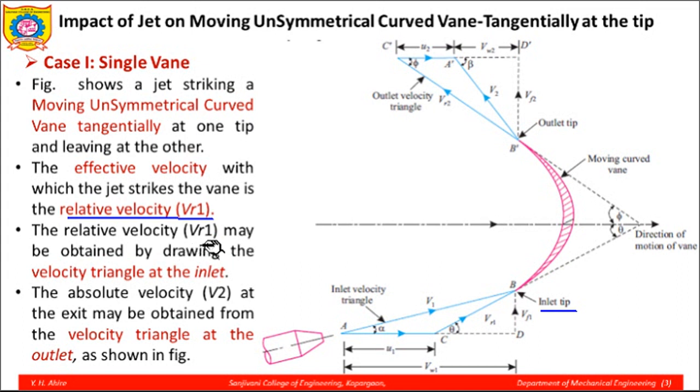The relative velocity Vr1 at the inlet may be obtained by drawing the velocity triangle at the inlet. So here comes a new concept for you in this unit, the velocity triangle at the inlet. The absolute velocity V2 at the exit may be obtained from the velocity triangle at the outlet as shown in the figure. So this is the velocity triangle at the outlet, and this is the velocity triangle at the inlet.